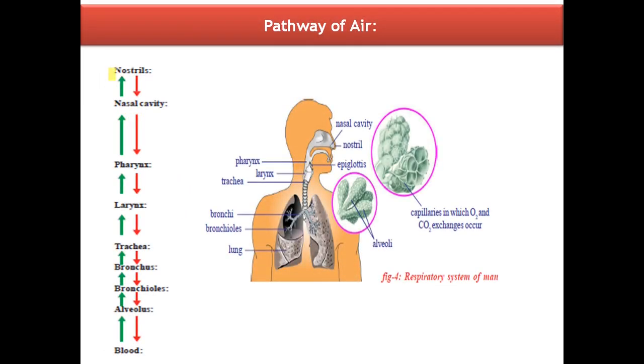In humans, the air passes through the nostrils to alveoli in the following path: nostrils, nasal cavity, pharynx, larynx, trachea, bronchus, bronchioles, alveoli and blood.